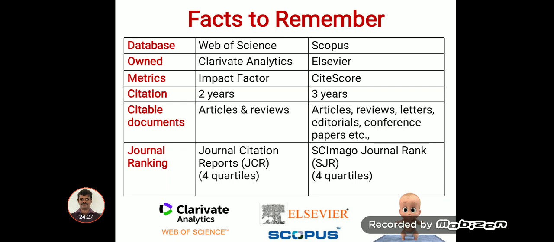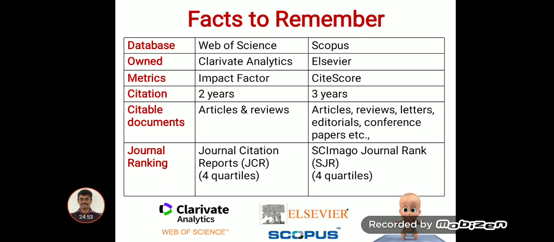So the entire video, what we saw, is just put in a nutshell. Remember, impact factor is given by the Web of Science, whereas the CiteScore is given by Scopus. Web of Science calculates only the 2 previous years' citations, whereas Scopus calculates the previous 3 years' citations.